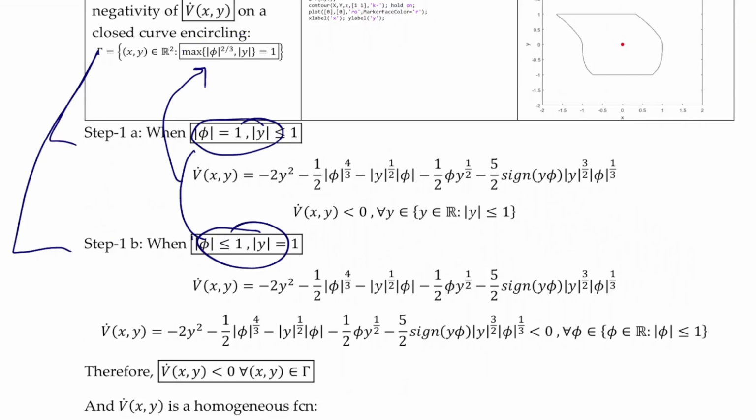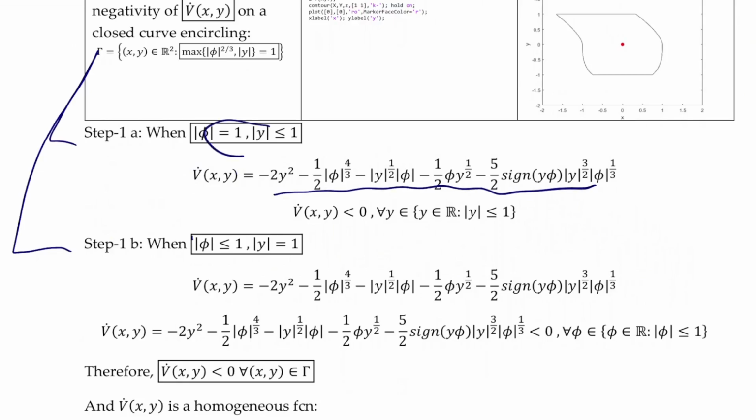All right, and let me delete that mess. When we are done with the manipulations, and here we are using these equalities and inequalities, we can see that, without showing all the derivations of course, V dot is strictly negative on this set. This is important.